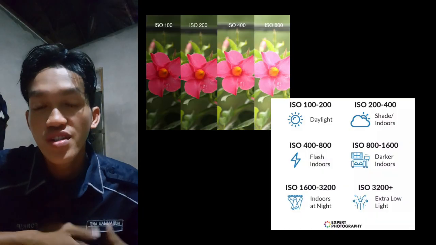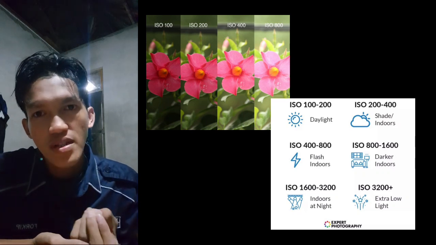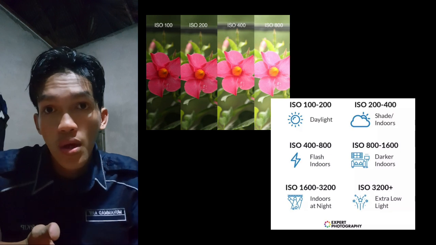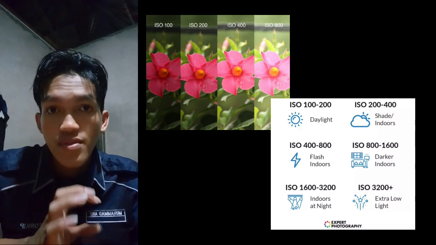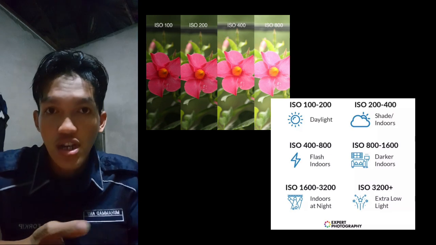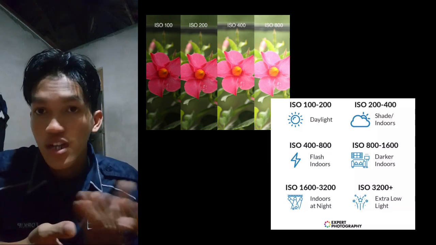Now let's move to the first aspect, which is ISO. Some people say it's like I, S, O, but it is actually pronounced as one word, ISO. ISO is the setting that controls how sensitive your camera is to light.